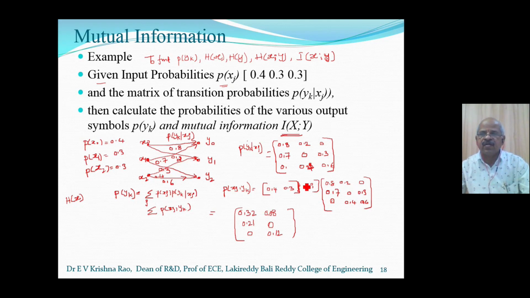Similarly 0 into 0.4 is 0, 0.3 into 0.3 is 0.09, and 0.6 into 0.3 is 0.18. So P(yk) you can get; the sum of the products is P(y0), and P(y0) is 0.53.